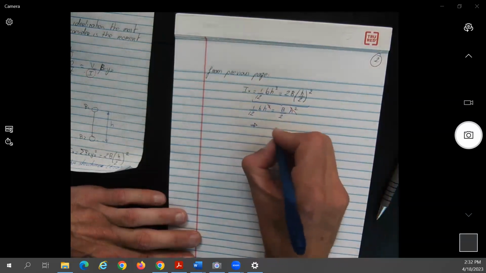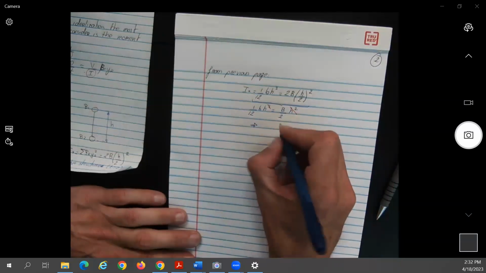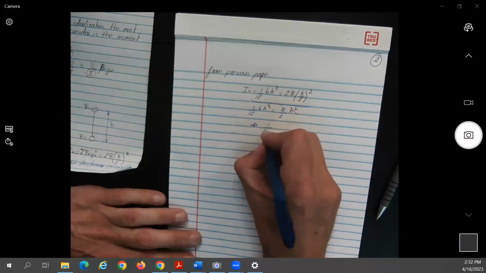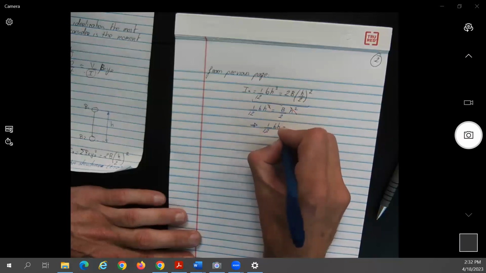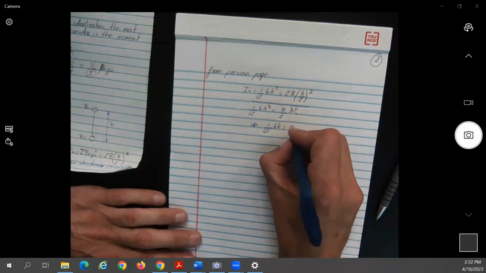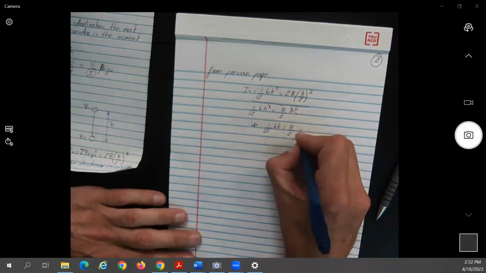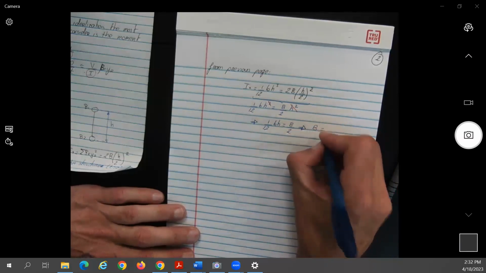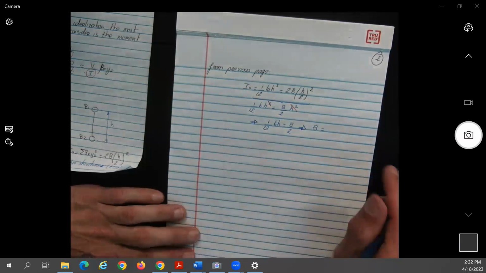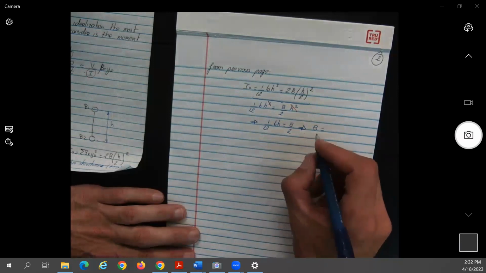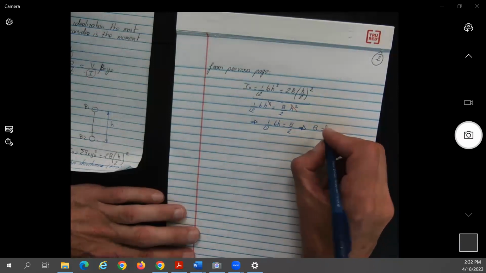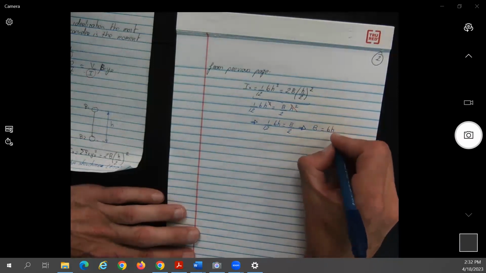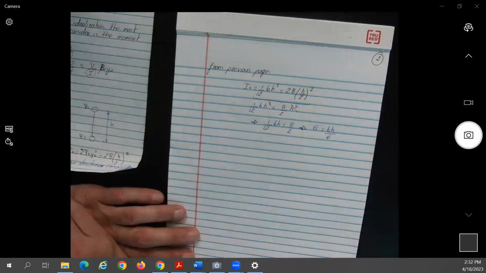So we're going to have, let's see, 1 over 12 b h equals B over 2. So we're trying to solve for B. What should be the boom area B? The boom area should be b h over 6.